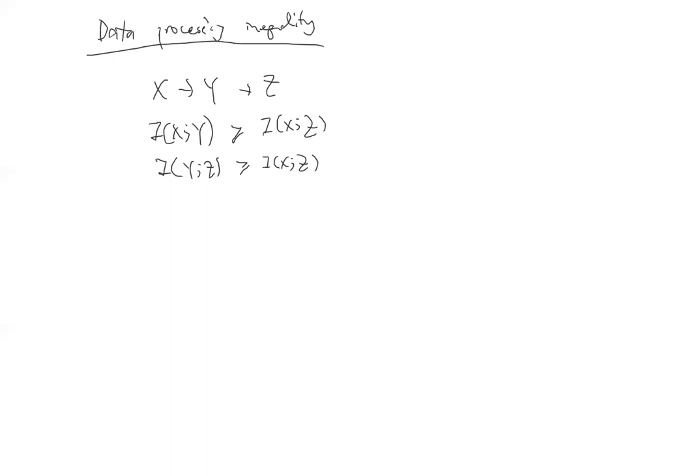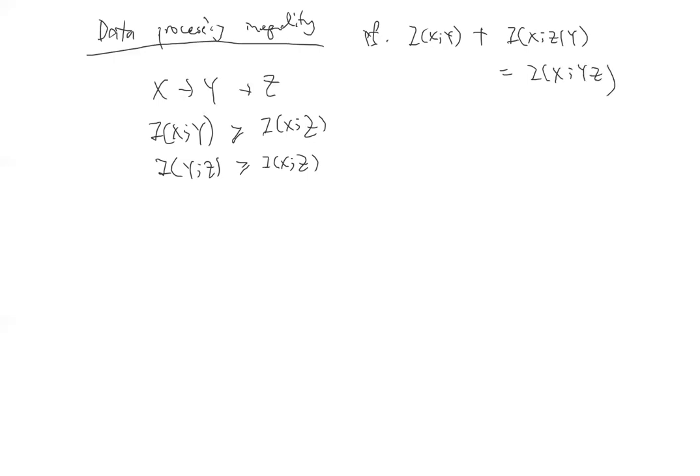Maybe we'll give a quick proof for that first, and then talk a little about some implications. First, if I look at the mutual information, I can use the chain rule here. So remember, I(X;Y) plus I(X;Z given Y) will be equal to I(X;Y,Z).